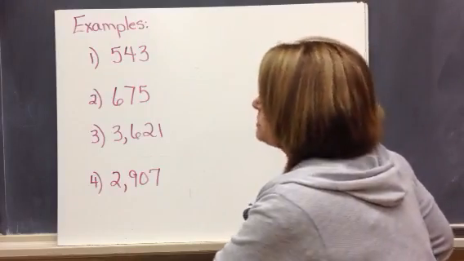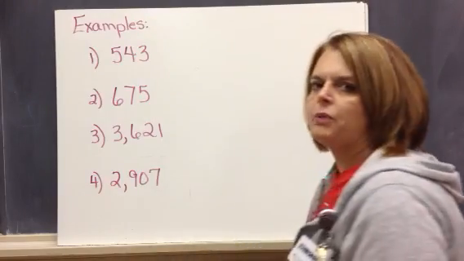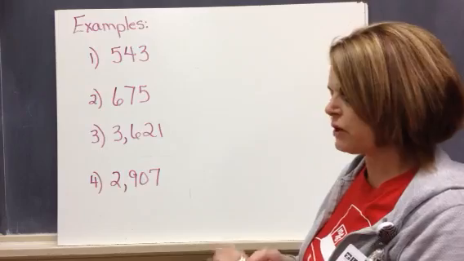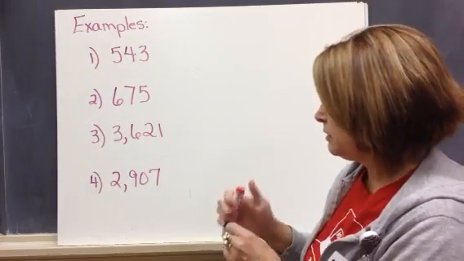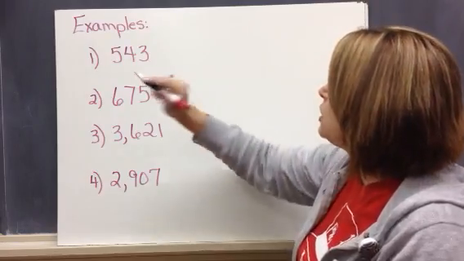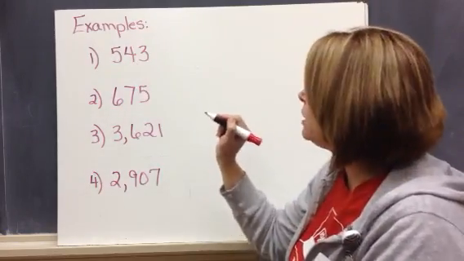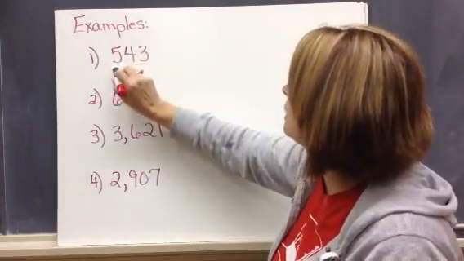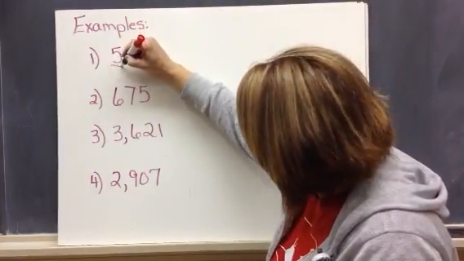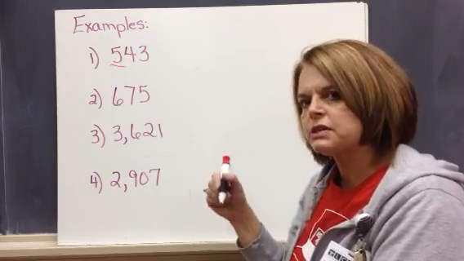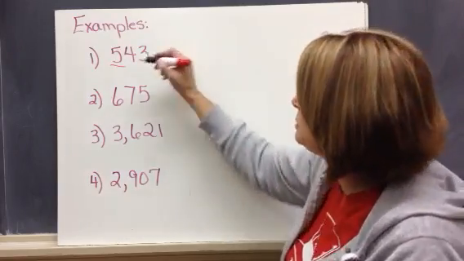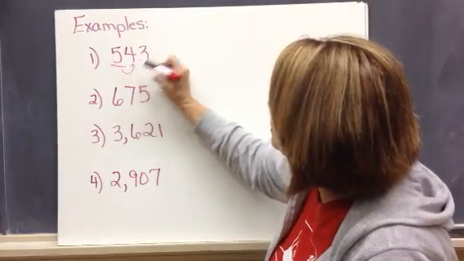Alright, so my first number is 543, and I want to round it to the nearest 100. So I find the number in the hundreds place, and I'm going to underline it. That's my 5. What digit is to the right? Which digit is going to tell me what I need to do? The 4.